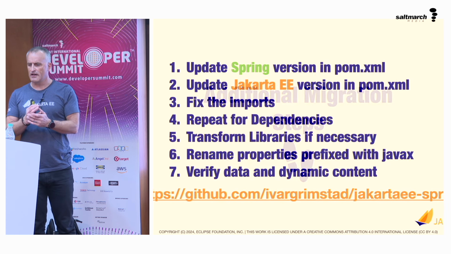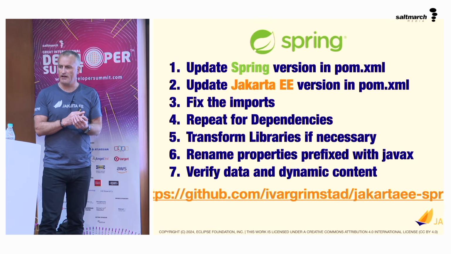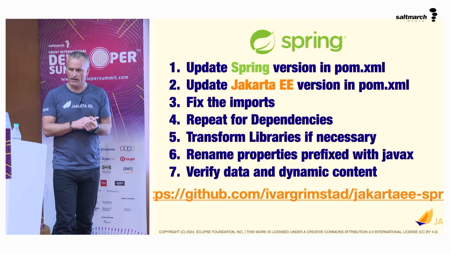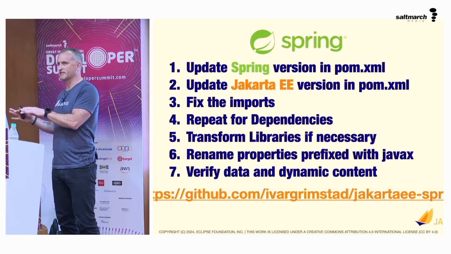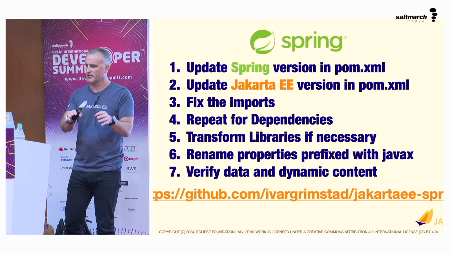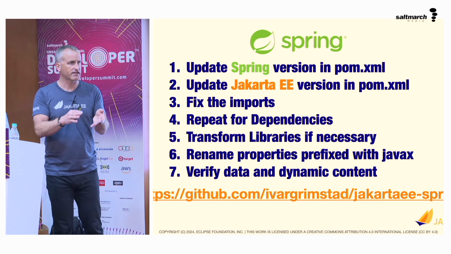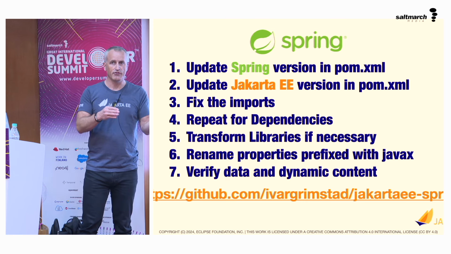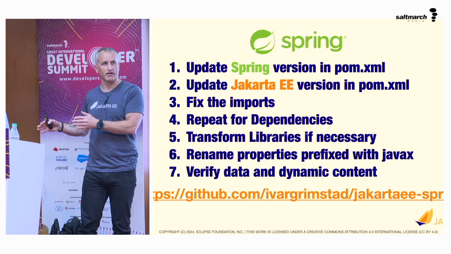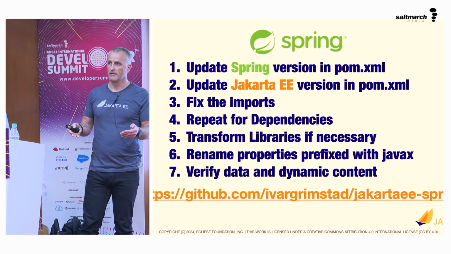This talk is about the Jakarta part of it. There may be some additional migration steps that may be a little weirder and difficult to find, and it doesn't apply to all. If you have any properties prefixed with javax, and you may have some old code bases where you're using maybe the javax caching strategy for Hibernate, that property needs to be renamed to the Jakarta caching property in order to be picked up.